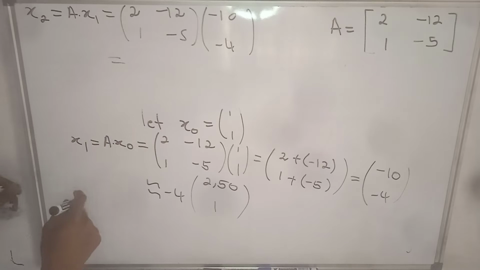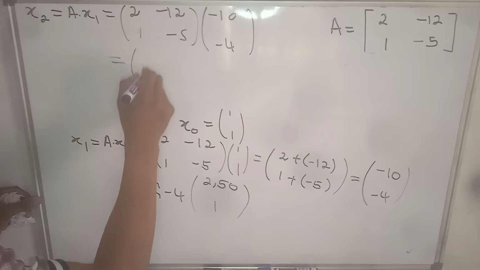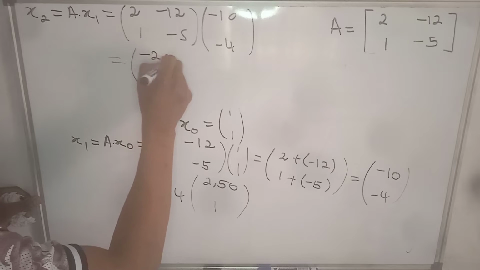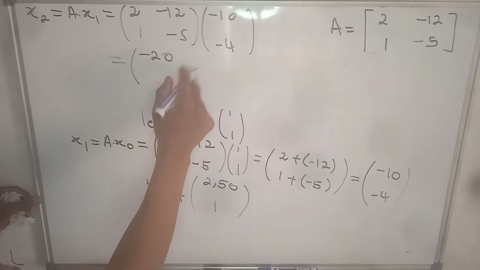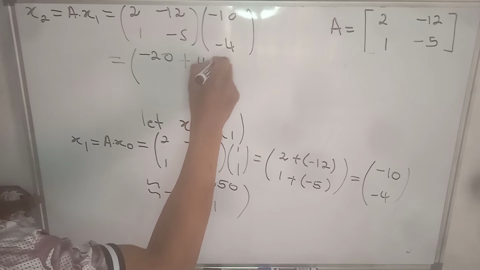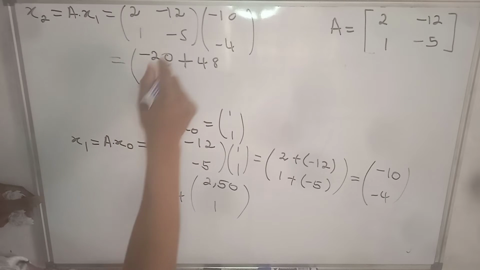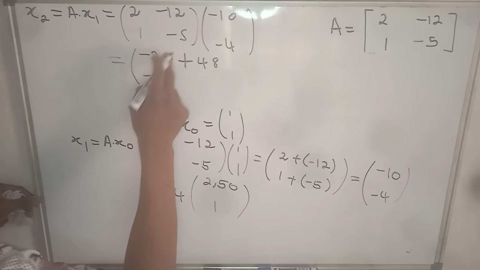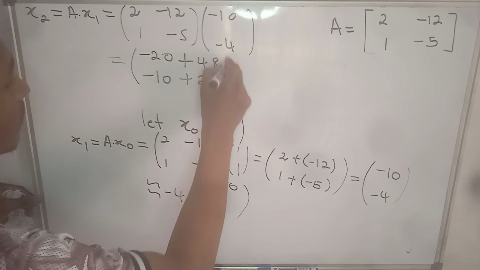So this is 2 times -10, which is -20, and -12 times -4, plus 48. Then 1 times -10 is -10, and -5 times -4 is 20.